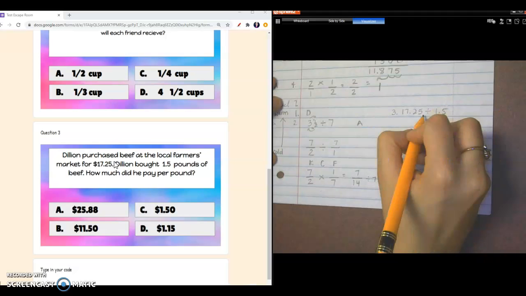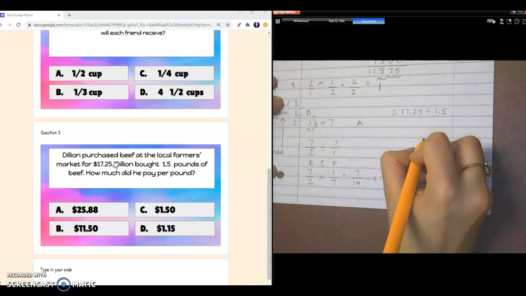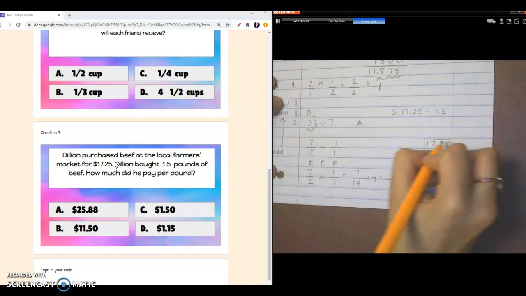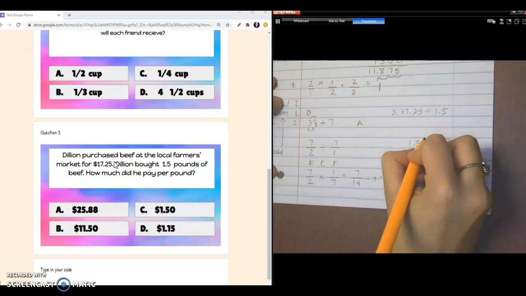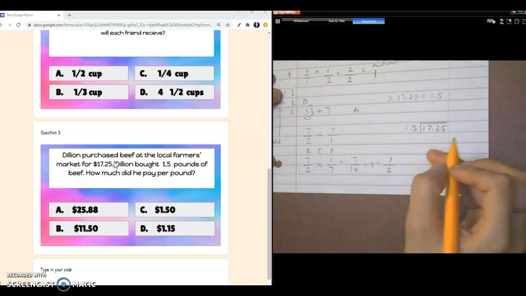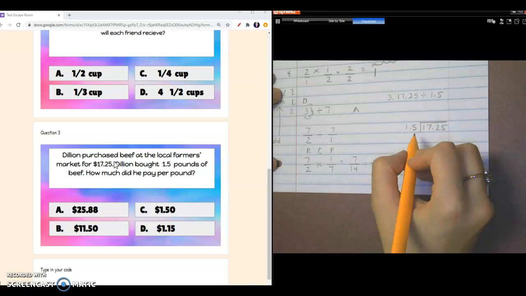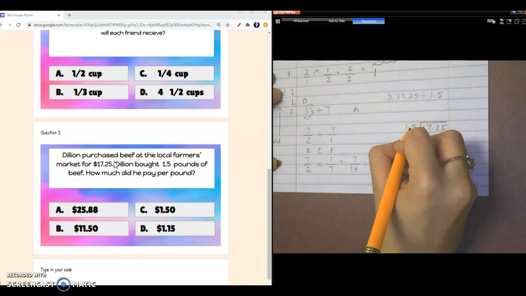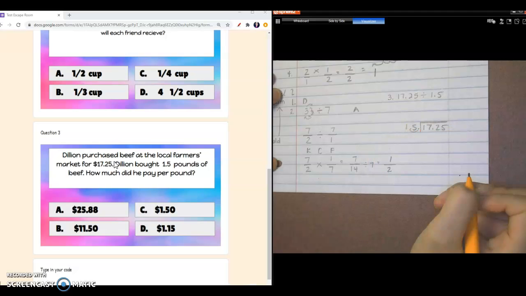And then to divide, my first number goes inside. 17.25 divided by 1.5. And then remember, we cannot have decimals on the outside, so we need to move it over. And since I only have one digit after my decimal, I'm going to move it over once. So it becomes 15.